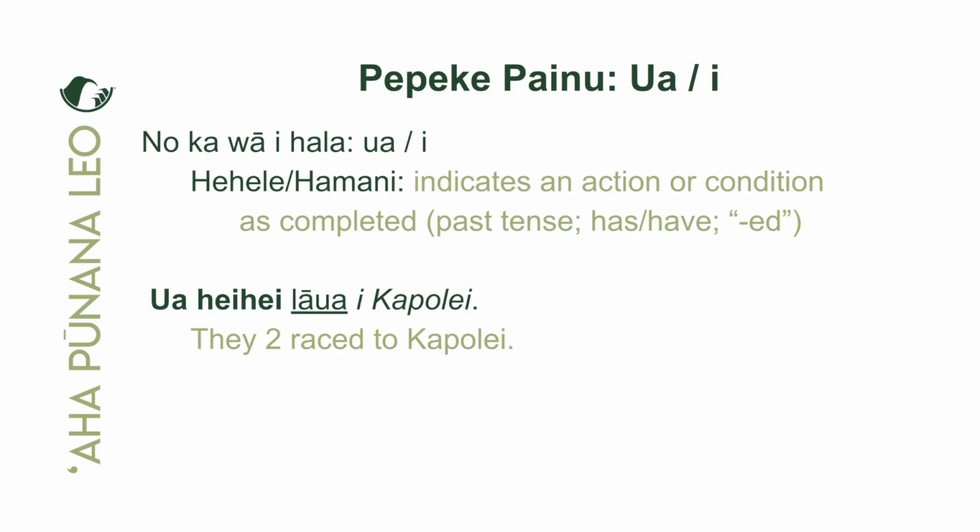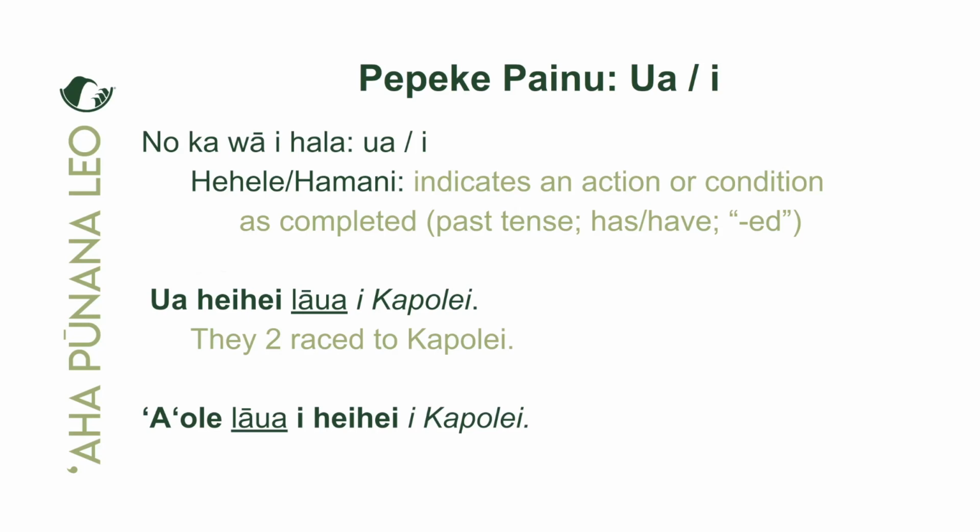Now, the negative form of this: whenever we negate a past tense or completed action sentence, the ua changes to i. So let's take a look. 'A'ole laua i hei hei i Kapolei. We don't say 'a'ole laua ua hei hei i Kapolei.